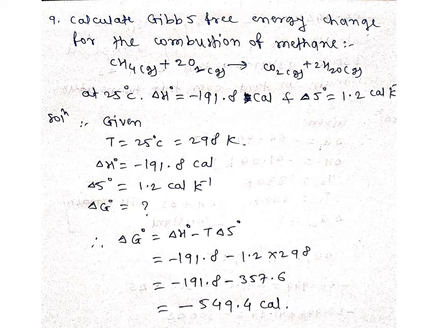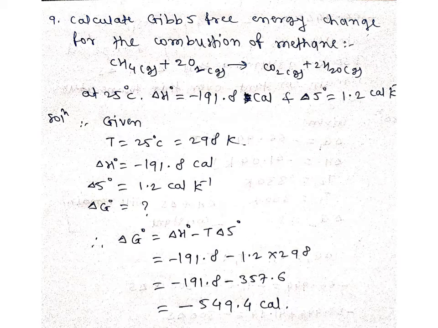Delta H0 standard enthalpy change is minus 191.8 calorie, and standard entropy change delta S0 is equal to 1.2 calorie per Kelvin.